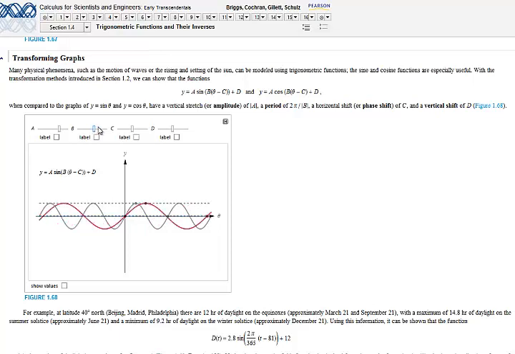Alright, so this is modulating the frequency, as we would call it in electronics or physics. A beautiful way to show the transformation of graphs. You might want to play with that just to get a good feel for what's going on.